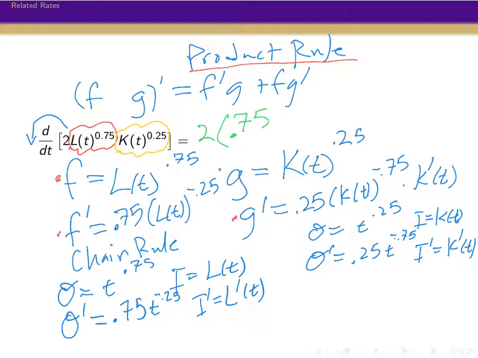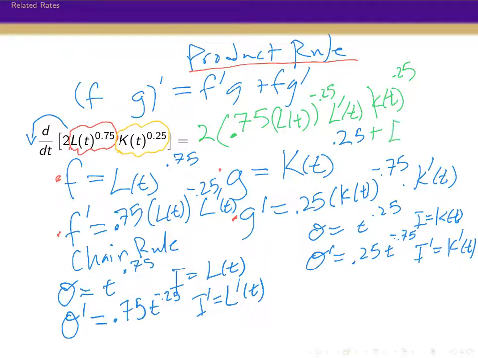Oh, I forgot to multiply in the L prime there. 0.75 times L of t to the minus 0.25 L prime of t times K of t to the 0.25, and then we need to add FG prime, so that's L of t to the 0.75 times G prime, which is 0.25 there, K of t to the minus 0.75 K prime of t.